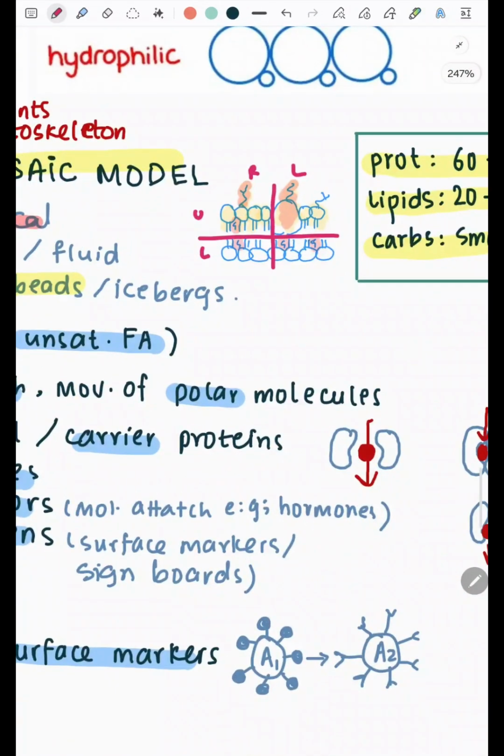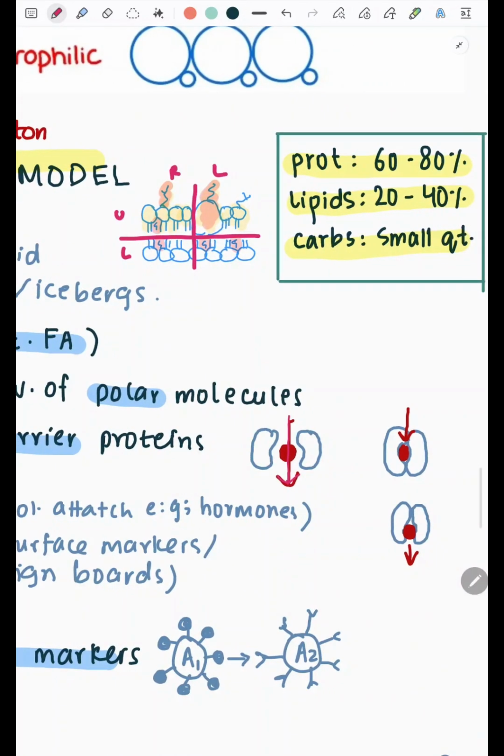A channel protein is a protein that allows the passage of molecules through itself without changing the configuration or the shape of itself. However, a carrier protein is a molecule that attaches to the molecule and changes its shape. First, the hilum is present in the center, the curved portion, and later on the curved portion is present in the lower half. In this way, it allows the molecule to pass through it.